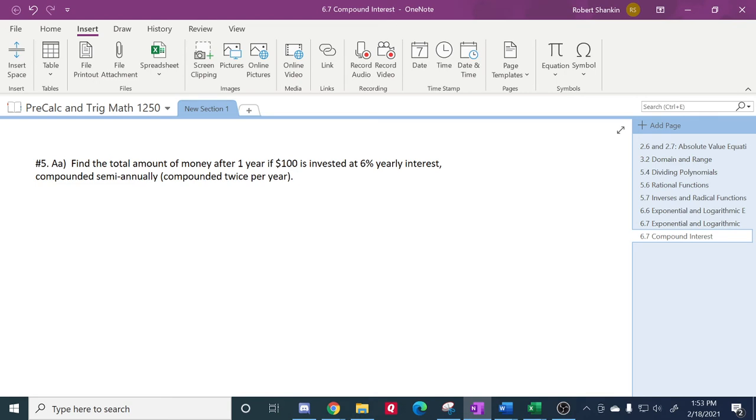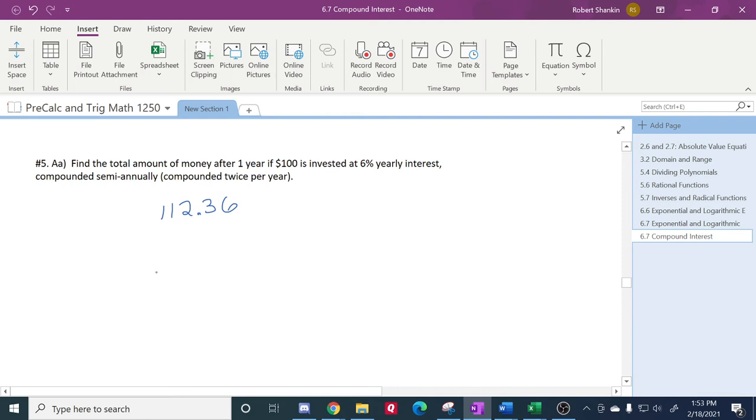And group 2, what do you have for this? We got $112.36. Can you tell me how you got that?